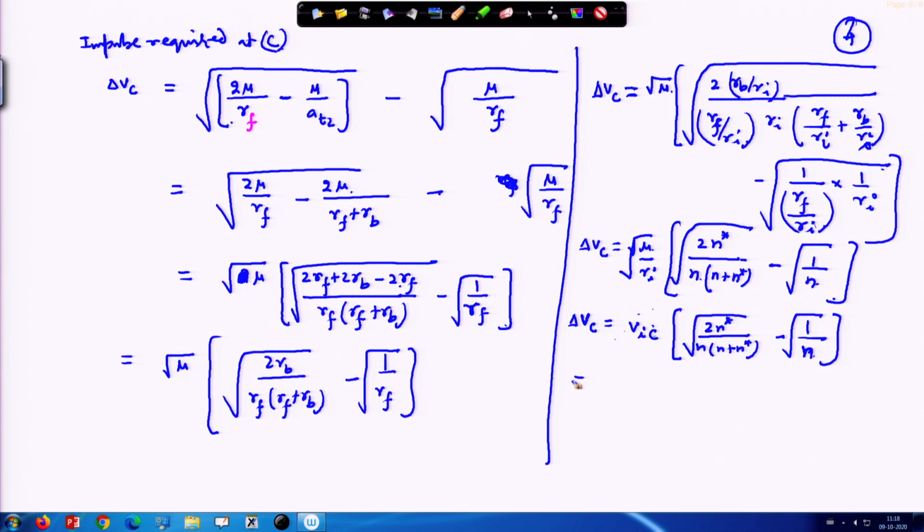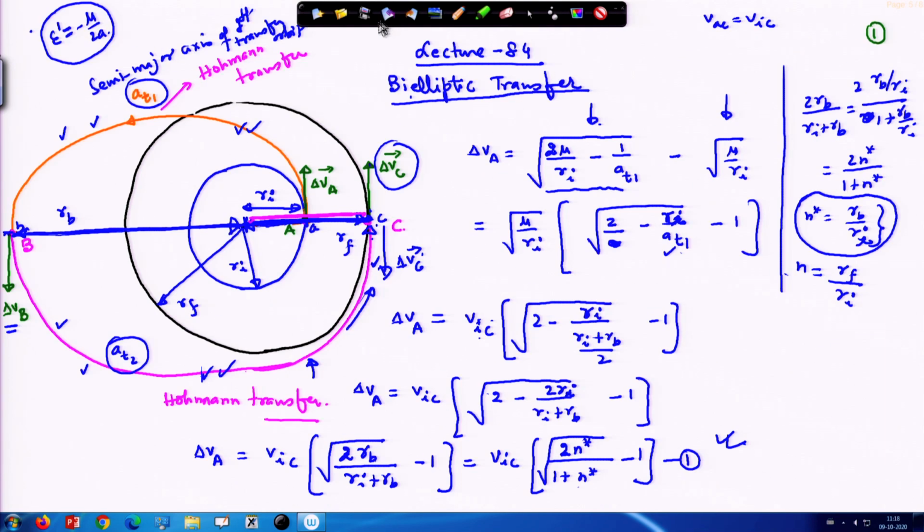And if we take under root n here from this place, this gets reduced to 2 n star by n plus n star under root minus 1, and this is nothing but your quantity V f in circular orbit. The C v notation we have used, this I wanted to avoid.